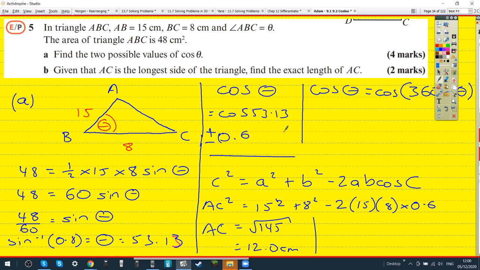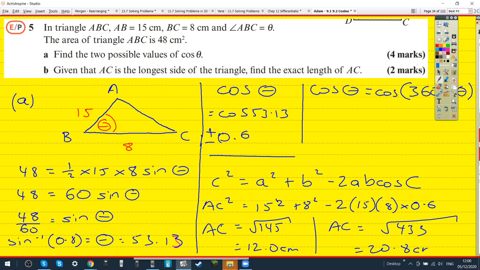Minus 0.6, which gives you 433. And so square root that one, which gives you 20.80, or just 20.8.